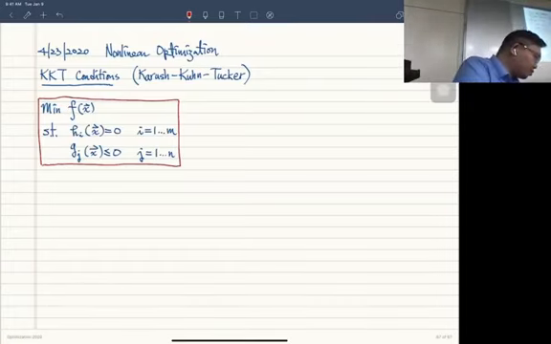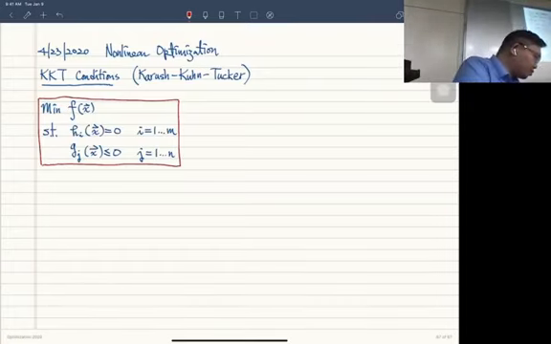So when people ask you, hey, you have learned optimization, can you tell me what most of the methodologies have in common? Well, basically, those methodologies try to keep the feasibility of the point.